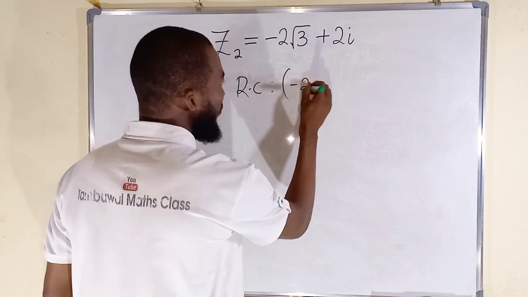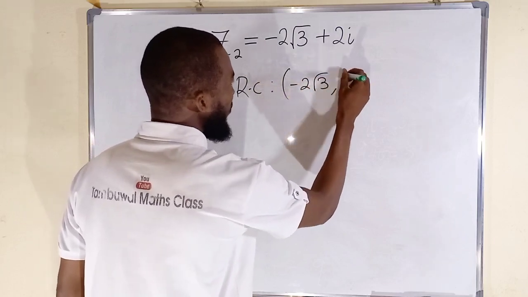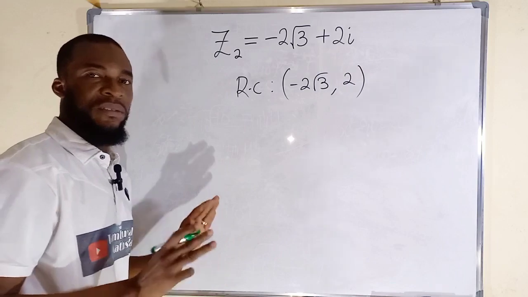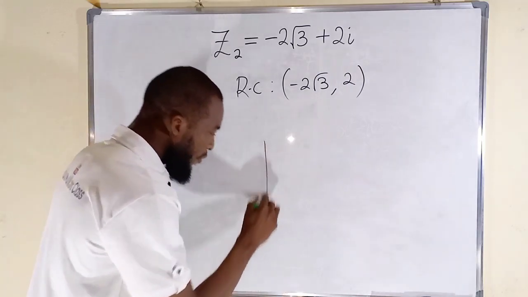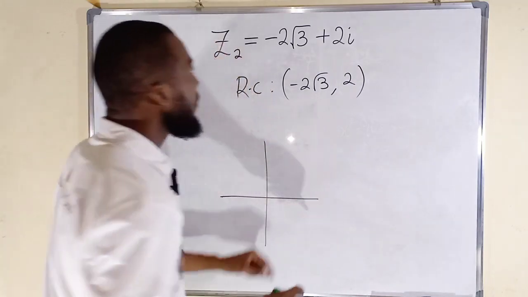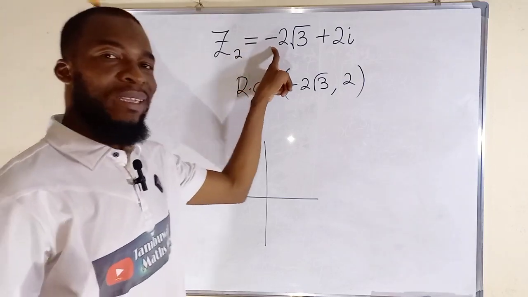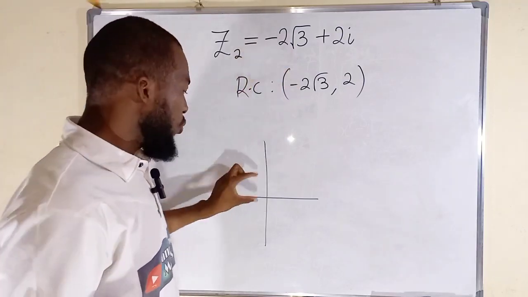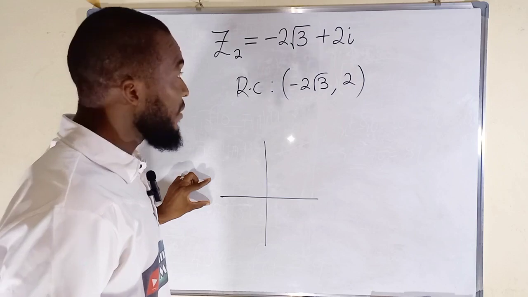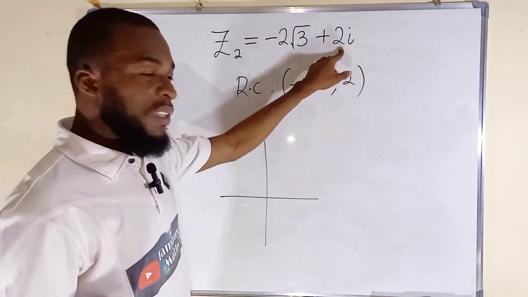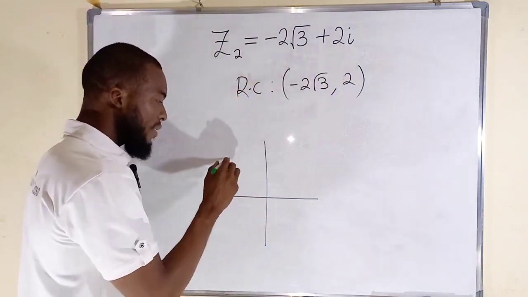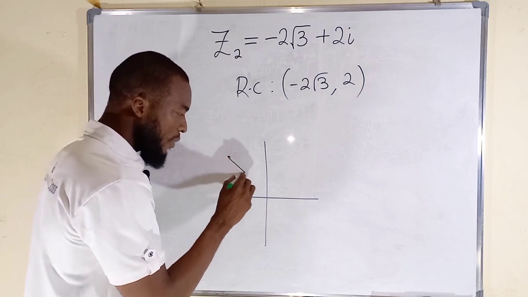The real part, negative 2 root 3, comma, the imaginary part. As simple as this, right? But for the polar coordinate, observe that the real part is negative, which is situated along the left-hand side. But the imaginary part is positive, so it is here in the second quadrant, somewhere here.